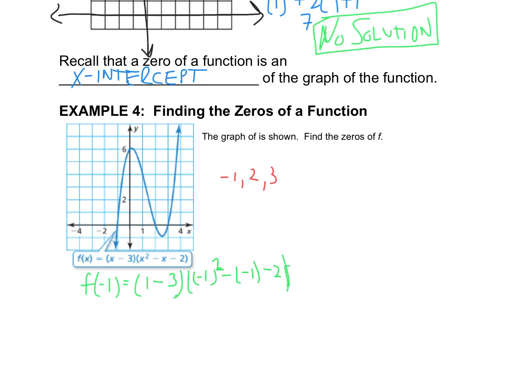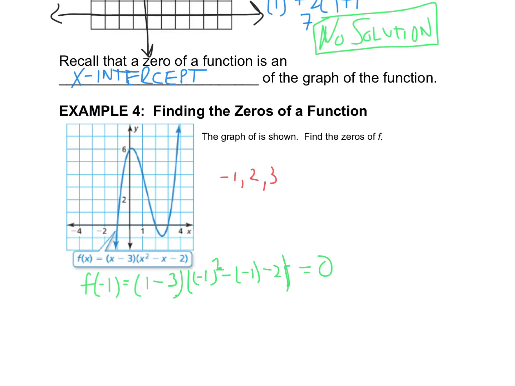And then -1 minus 3 is -4. But notice on that second set of parentheses, -1 squared is 1, minus a -1 is 2, minus 2 is 0. Which basically means that the zero product property comes into play, and that thing equals 0. So that checks the first one.